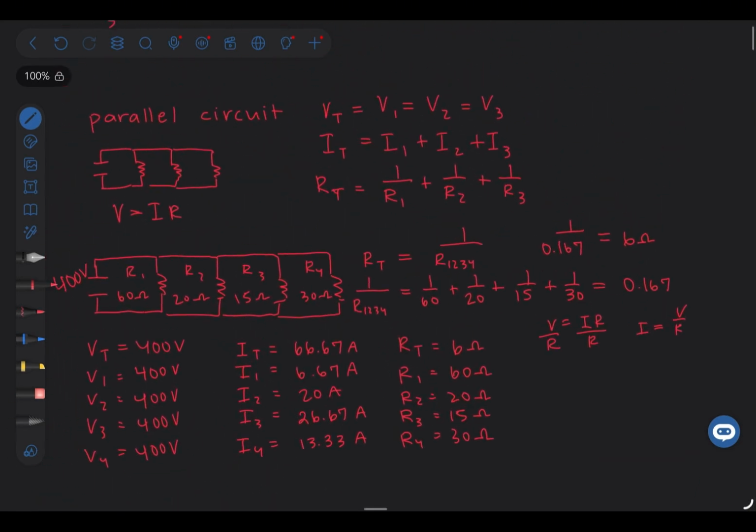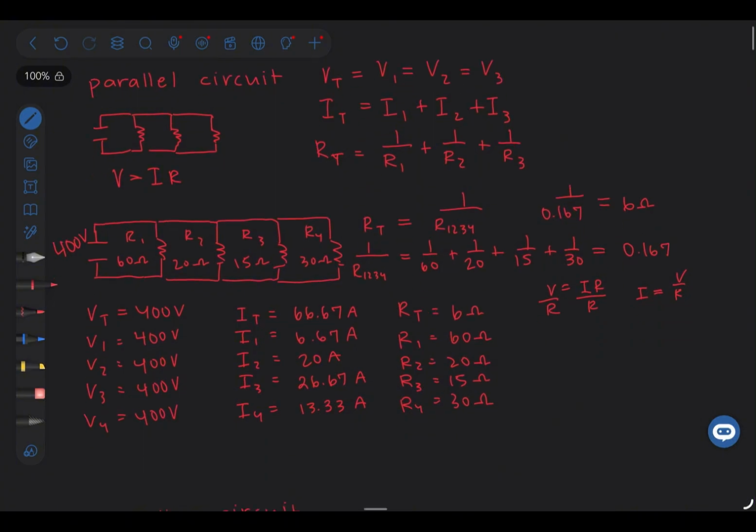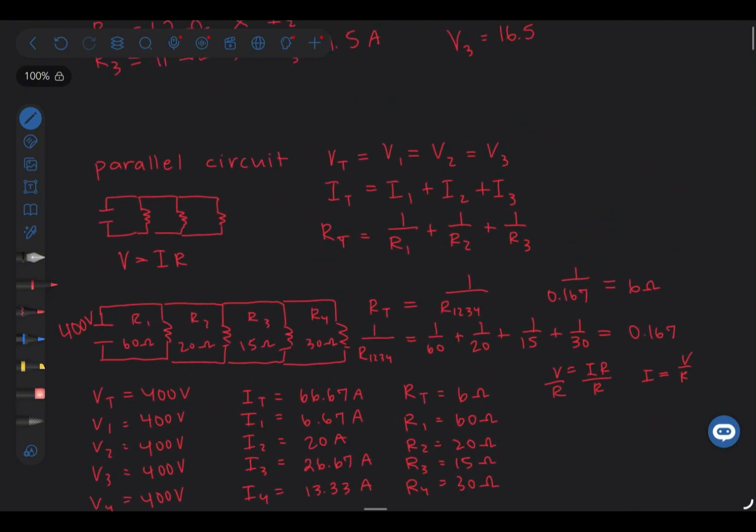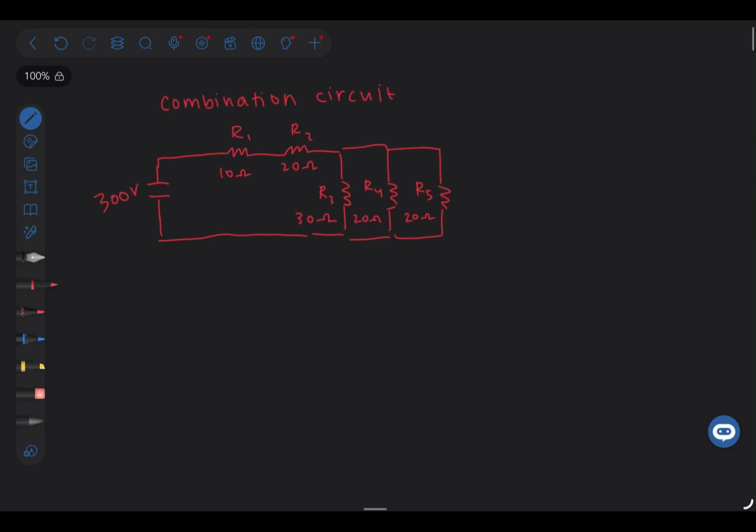And if you go up here, we can see that we want to calculate the resistance first. So we're going to do 1 over R1. We're going to take all of these and add them up. So 1 over R3, 4, 5 is equal to 1 over 30 plus 1 over 20 plus 1 over 20.